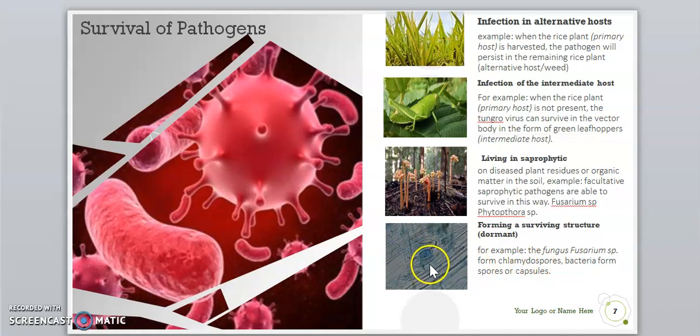This is chlamydospore. Okay, and it can resist in the soil for up to 15 years. Okay, for bacteria, they form spores or capsules. Okay, this is the survival of pathogen.